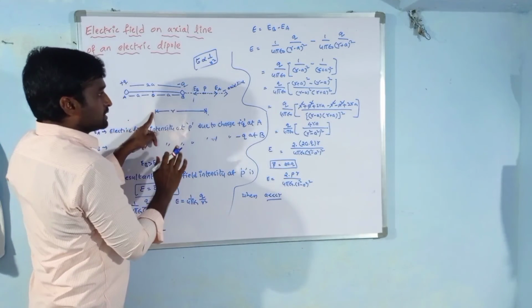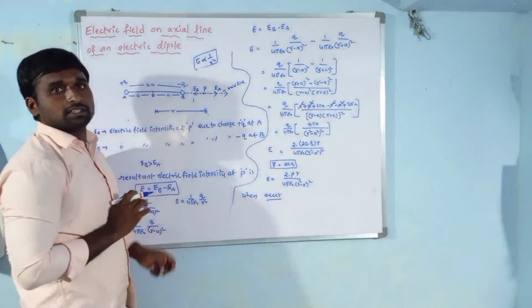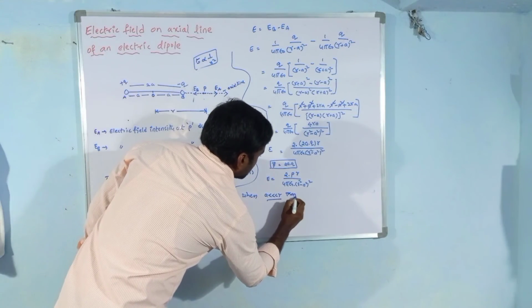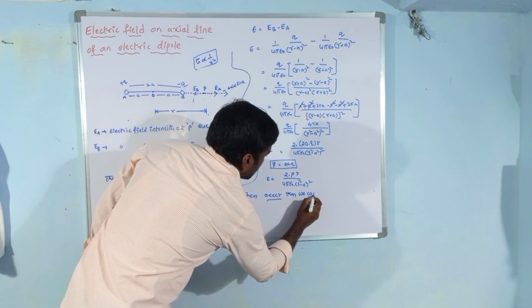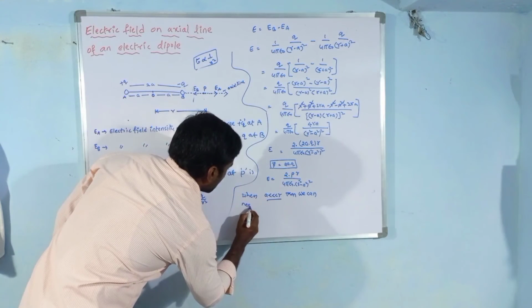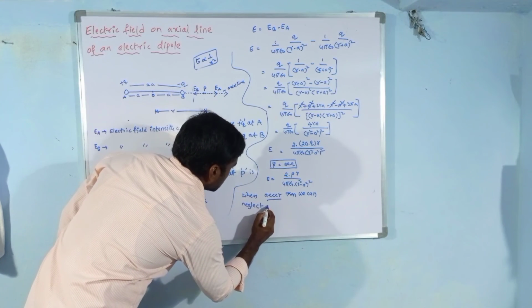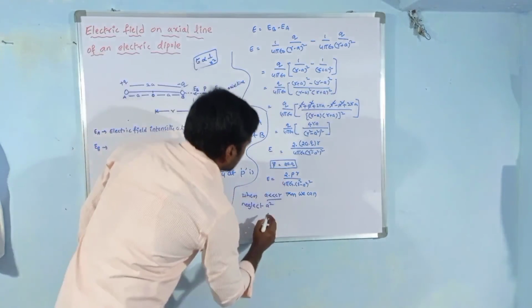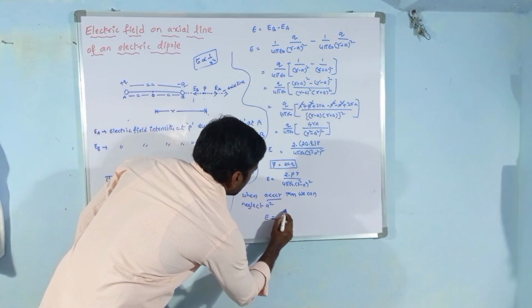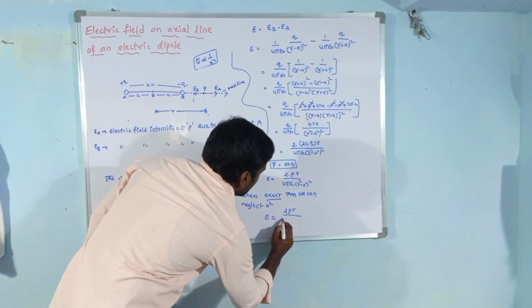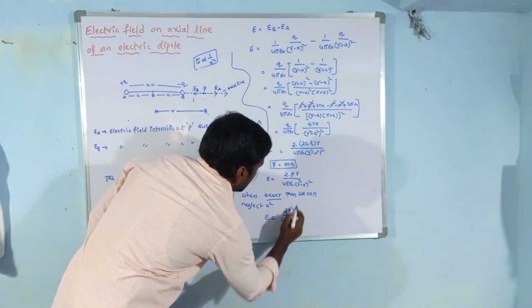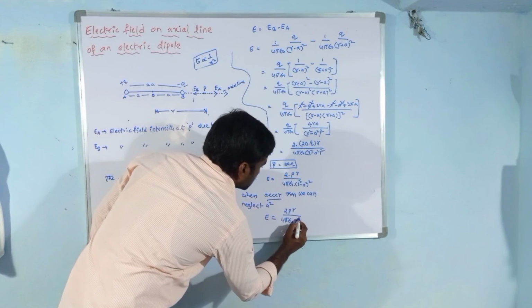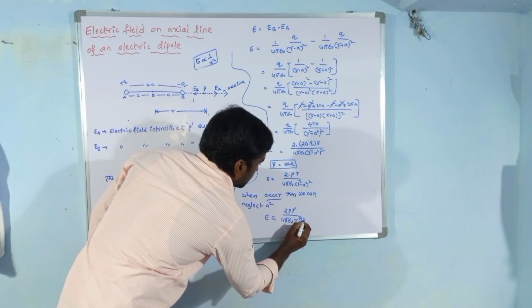In that situation we can neglect this A, then we can neglect A square. Next, what will remain here? 2PR by 4 pi epsilon naught. So we can neglect this value, R power 2 whole power 2, that is R power 4. So R over R to the 4 is R power 3.